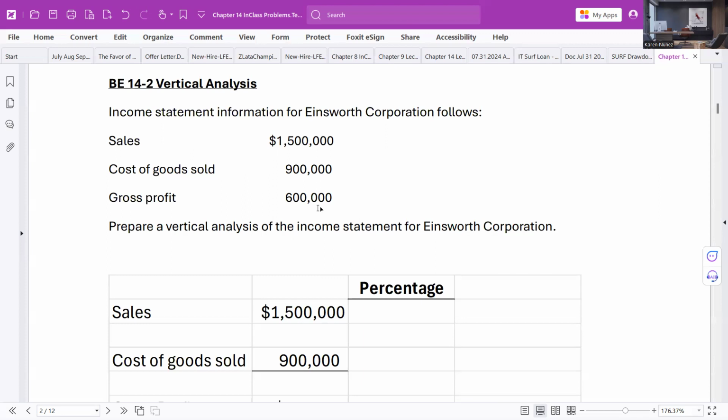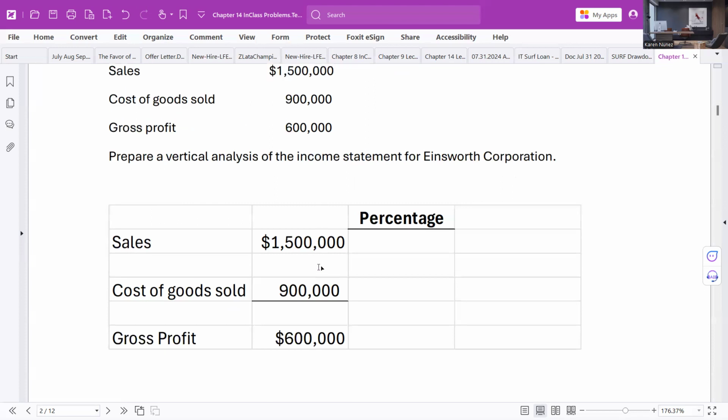A vertical analysis expresses the line items on the financial statement or any other statement as a percent of some base amount. So we're not looking at relationships over time. We're looking at relationships in terms of some base amount.